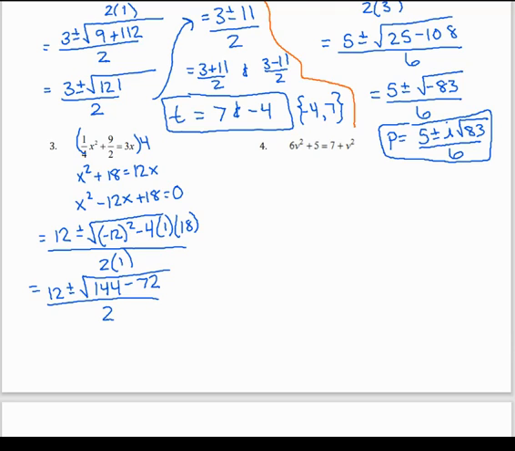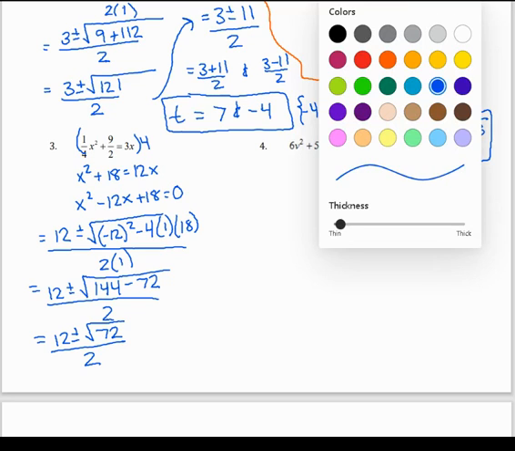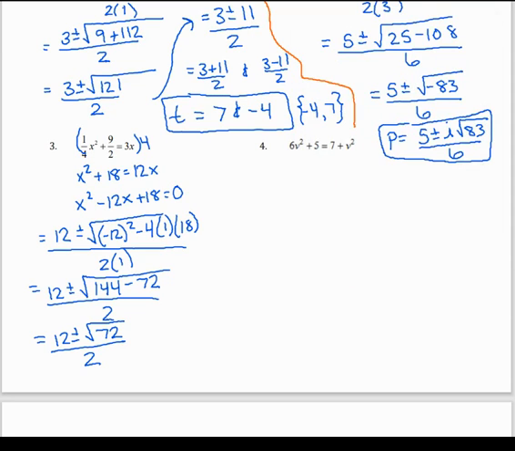At that point, we can simplify, which gives me 12 plus or minus the square root of 72 all over 2. From here, we look to see if I can simplify. Well, 72 isn't a perfect square, but I do know that 72 is the same thing as 36 times 2. So remember that. 72 is the same thing as 36 times 2.